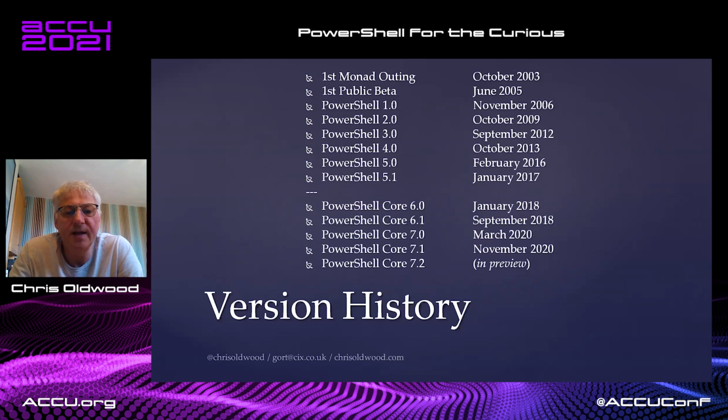So in 2018, we have PowerShell Core, which is the cross-platform version, which has 6, 6.1, and 7, and currently in preview is 7.2. They're just waiting for .NET Core 6, I think, before that sees the light of day.